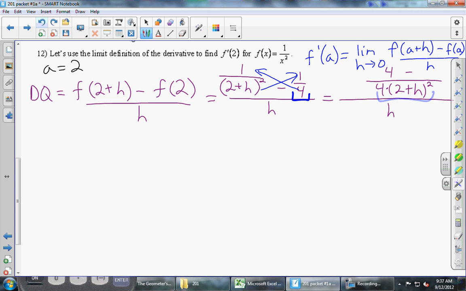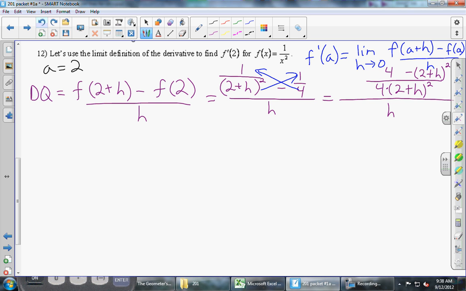What is this denominator missing? 2 plus h squared. So we need to put right up here 2 plus h squared. So that guy times 1 is just 2 plus h squared. So that's the kind of crisscrossing thing I was talking about.